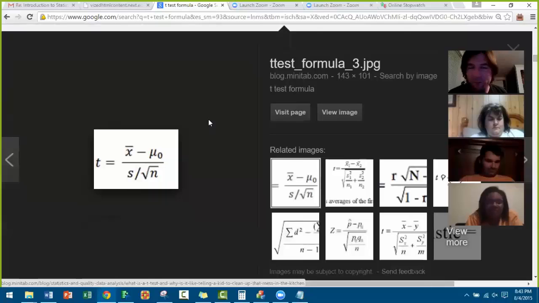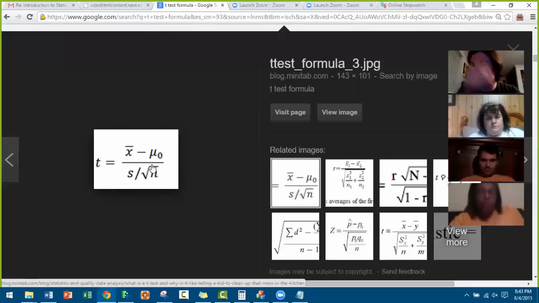There we go. So once again, we have an observed mean minus an expected mean. This is the expected mean according to the null, where we should land. And then we have a standardization factor on the bottom, which is not just S, it's S over the square root of n, which is the standard error for the mean. So we have observed minus expected over standard error of the mean. This is our standardizing factor, which has been set for the sample size.